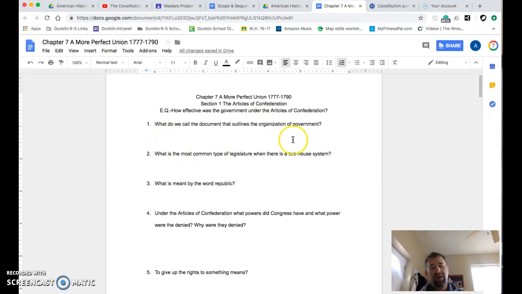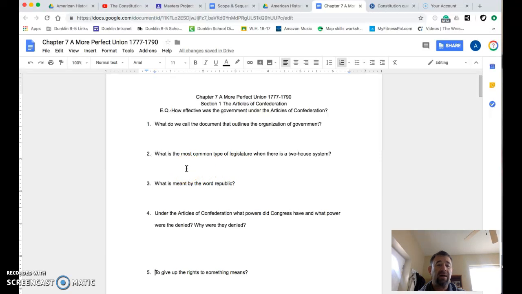The two-house system. All right. Now, we didn't have this two-house system in our Articles of Confederation yet. Instead, where did we find this system and what did we call it? Okay, let's hear from Kim. Okay, that is correct, Kim.